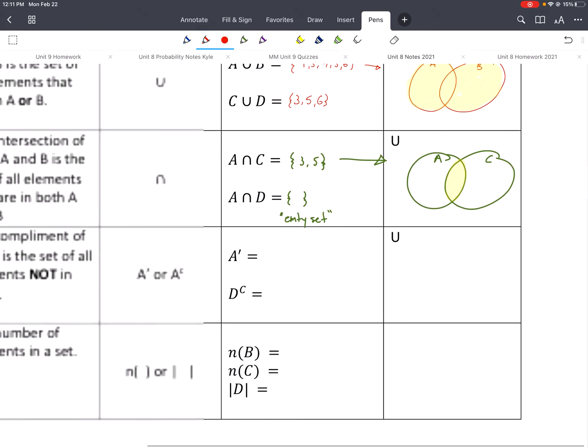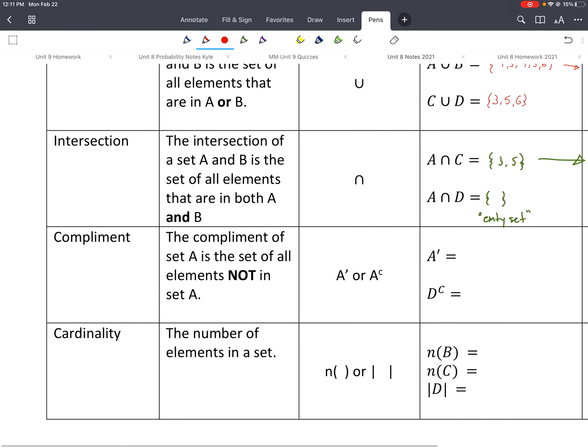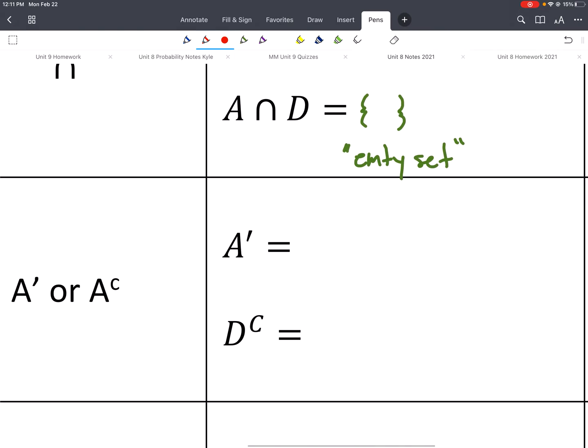All right, and next we have complement. The complement of set A is the set of all elements not in A. So basically everything except what is in A. We said in the past that A is 1, 3, and 5 for our example.